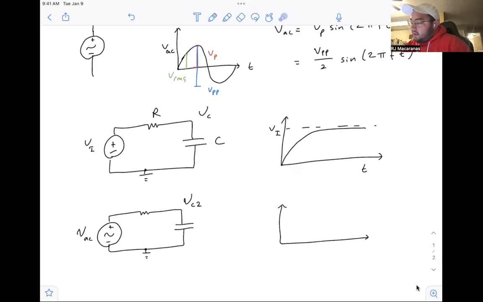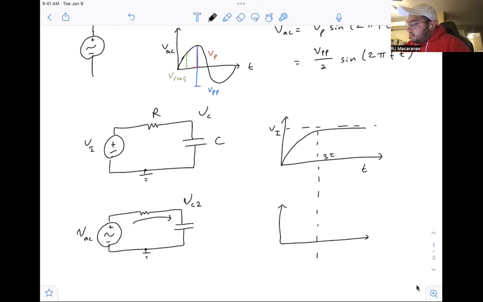So if the current is going this way, but it doesn't continue going into that top plate for as long as it takes to get charged up. So let's say, at this time here, maybe this is around 3 tau or something, whatever that RC time constant is.